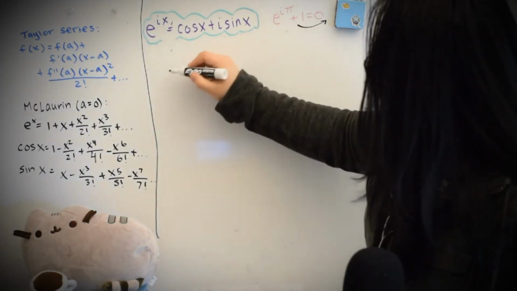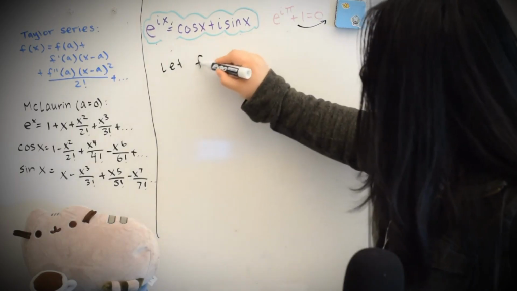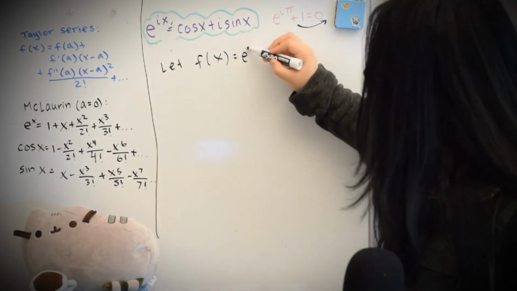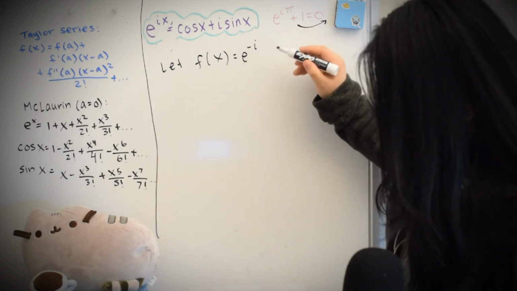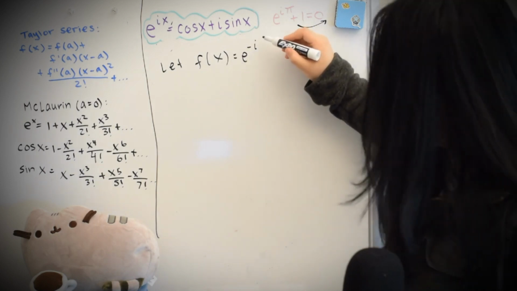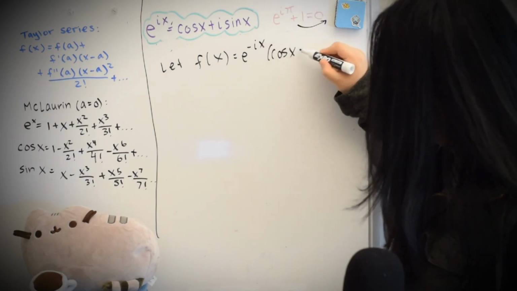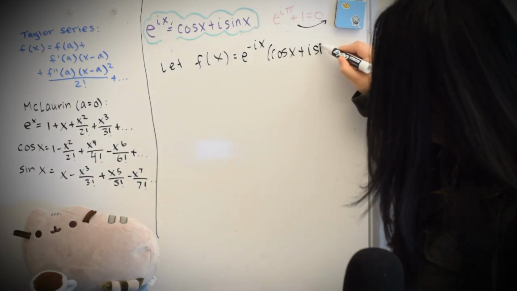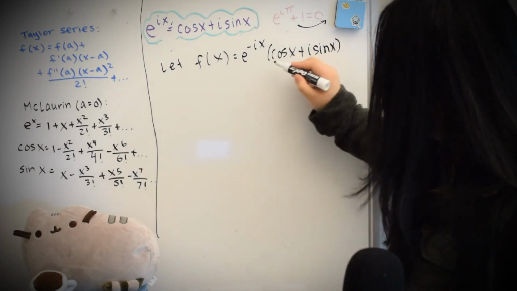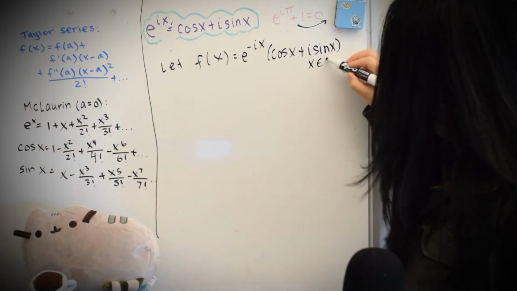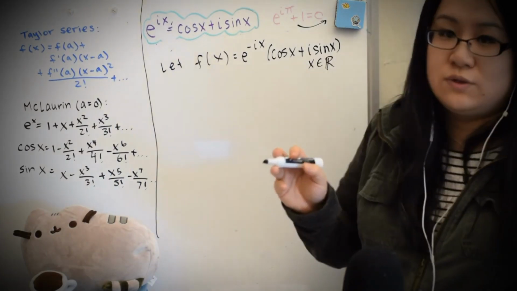Okay, so another really cute way to do it is also based on calculus, but not quite so complex. If we let f of x equal e to the negative ix times cosine x plus i sine x, for all x in the real numbers.